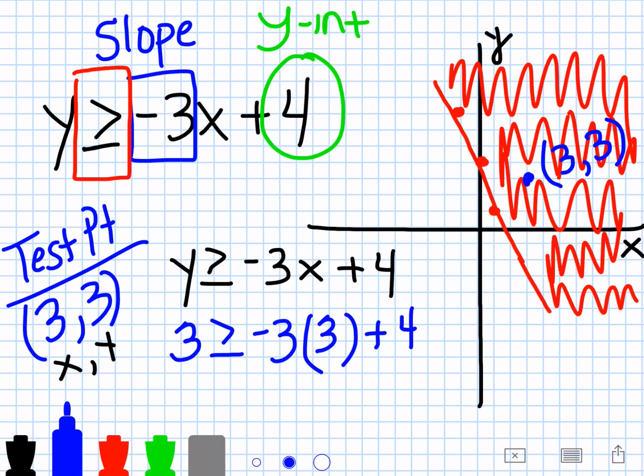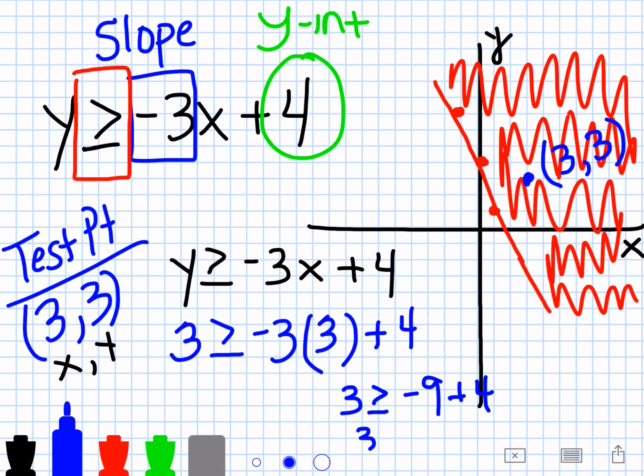Now I'm just going to solve this inequality out to see if it gives me a true statement. So I'm left with 3 is greater than or equal to, let me write it down here, a negative 3 times 3 will give you a negative 9 plus 4.